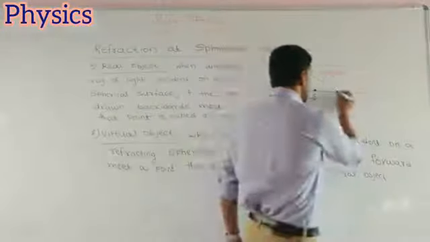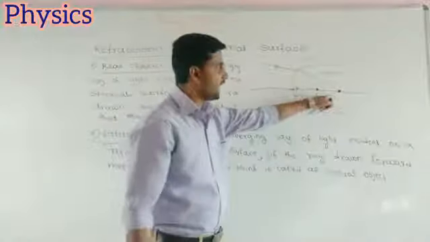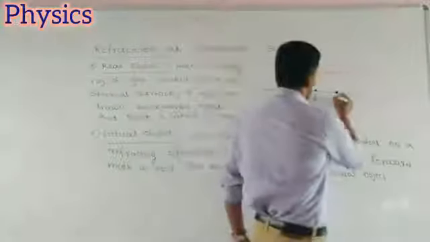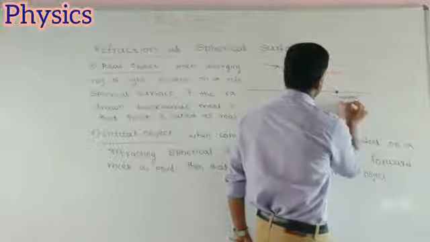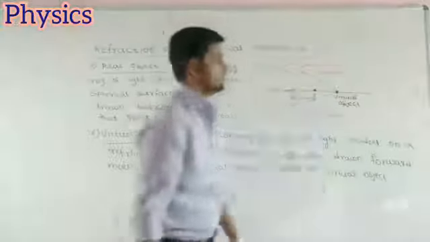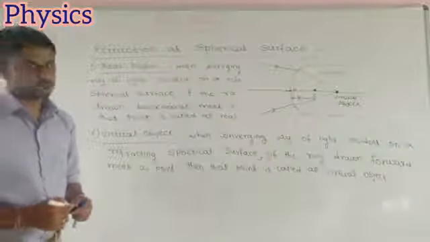That means the point at which the two rays of light meet is called a virtual object. This is now the virtual object. Okay, that is about the real object and virtual object.